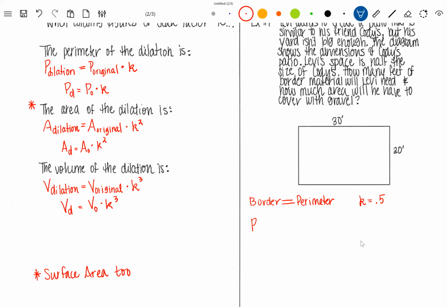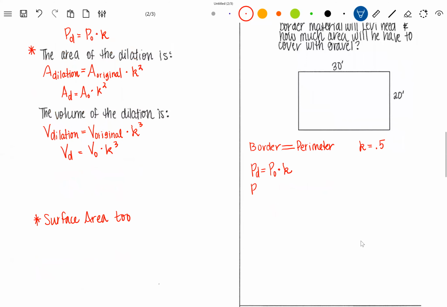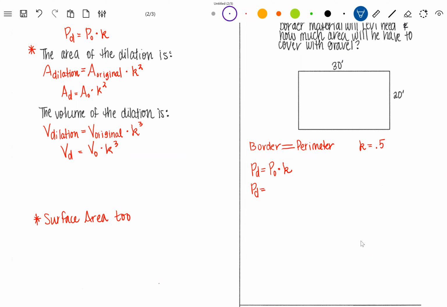So perimeter of the dilation equals the perimeter of the original times the scale factor. Levi's is the dilation. So we're looking for perimeter of the dilation. The original perimeter, if this side's 20, then this side's 20, that side's 30.